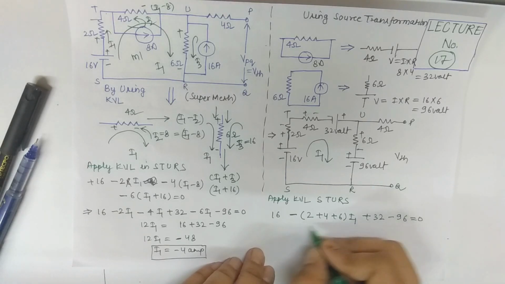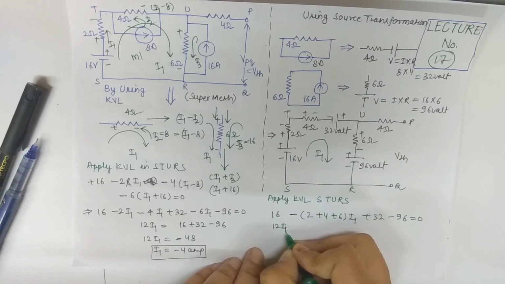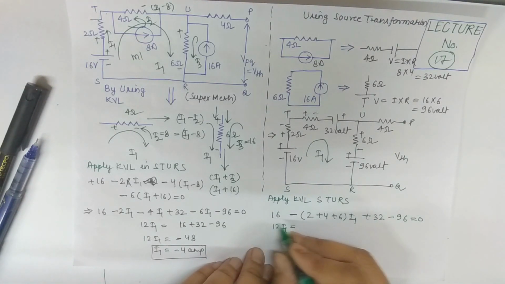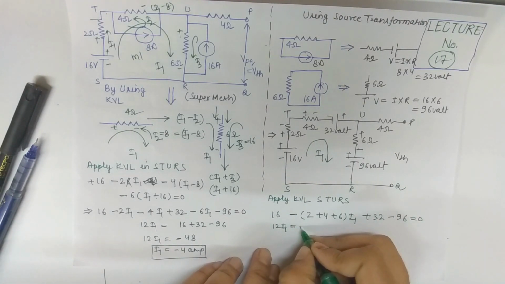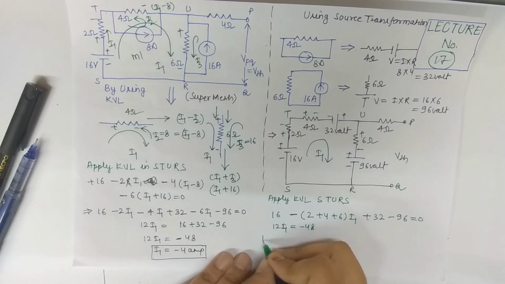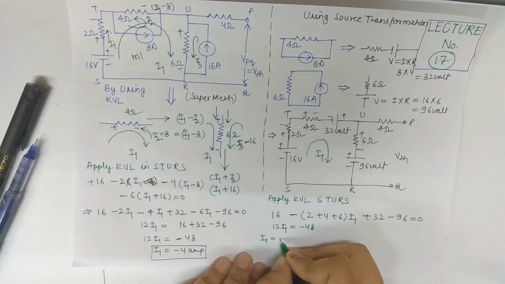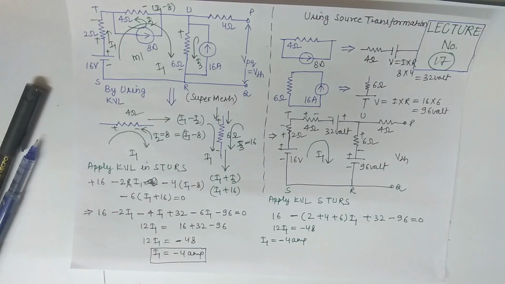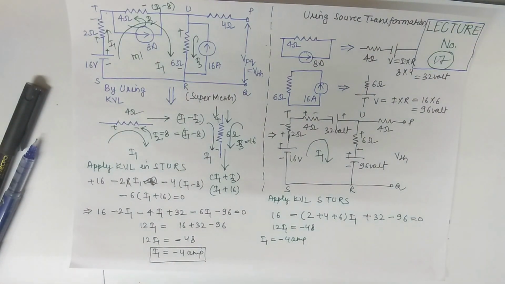So it would be 12 I1 is equal to 16 plus 32 minus 96, again minus 48. So it comes the same value. So here I1 is equal to minus 4 ampere. So in this way we find out current.